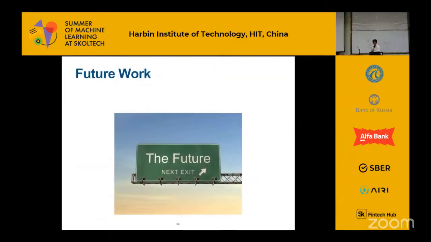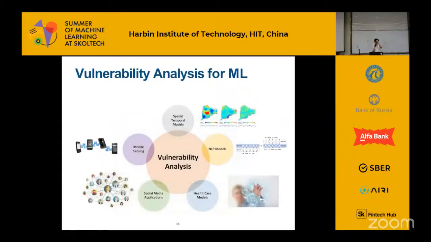And for the future direction, the vulnerability analysis of these kinds of applications is still at an early stage, especially for healthcare models due to their inaccessible learning data, and for mobile sensing due to their physical properties, because mobile sensing systems have very unique characteristics.